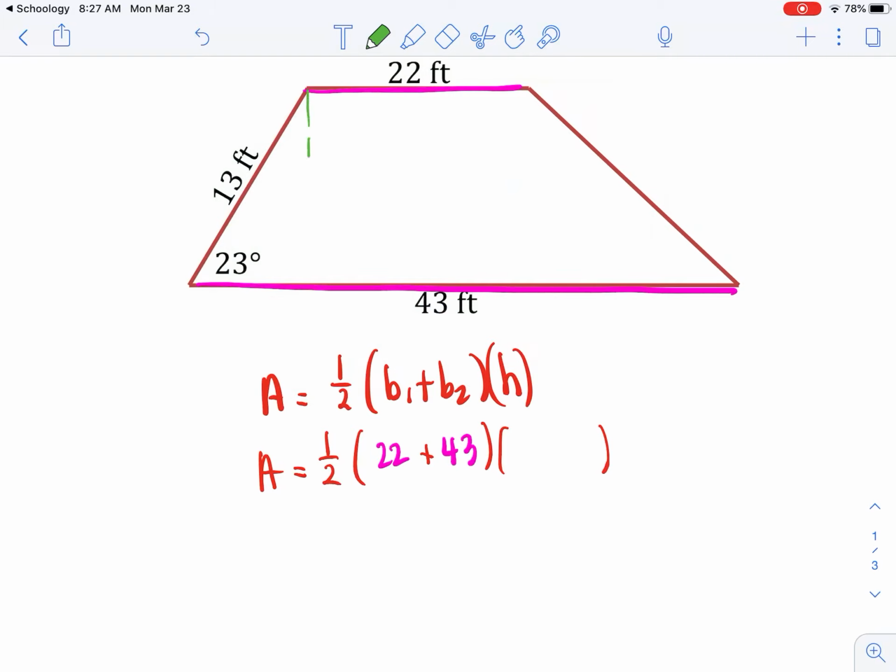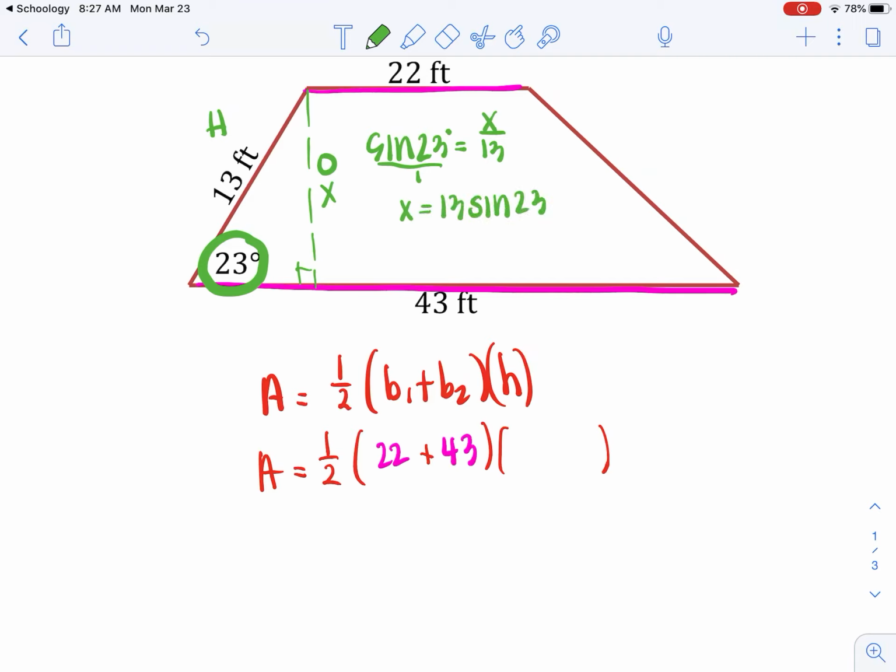Now I need my height. Do I have the line that's perpendicular to them? No, so I need to draw it in. Call it x. Go ahead and solve for x. Sine once again. Sine of 23 equals x over 13. Cross multiply to solve for x.